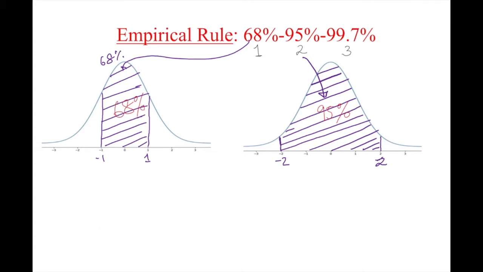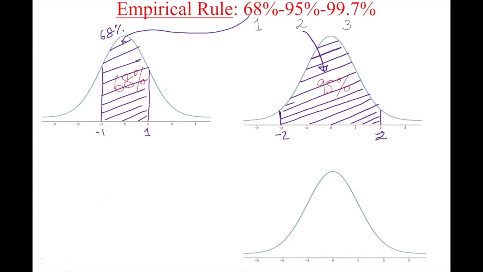Now I'm going to draw another one down here to show 99.7%. How many standard deviations? 3 standard deviations. So it's going to be from this point to that point.